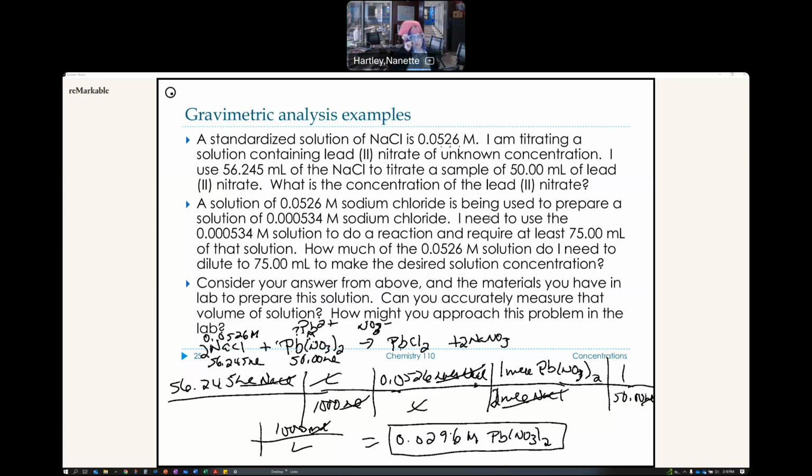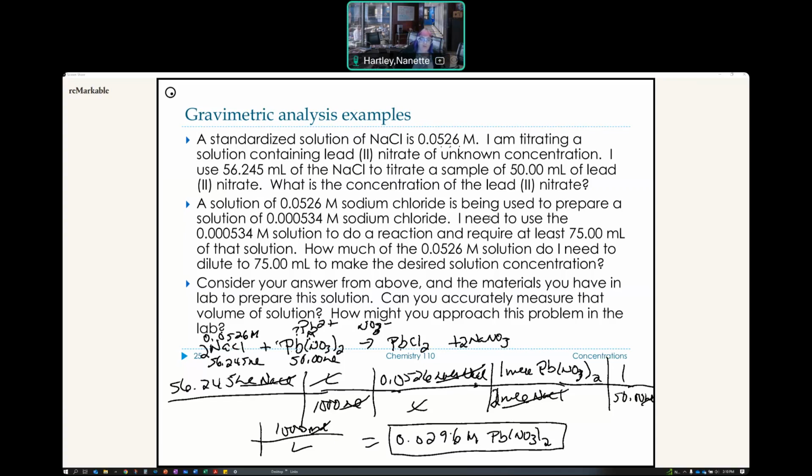Questions, comments, problems on that? Next question asks me, a solution of 0.0526 molar sodium chloride is being used to prepare a solution of 0.00053 molar sodium chloride. We need to use the 0.00053 molar solution to do the reaction and require at least 75 milliliters of that solution.